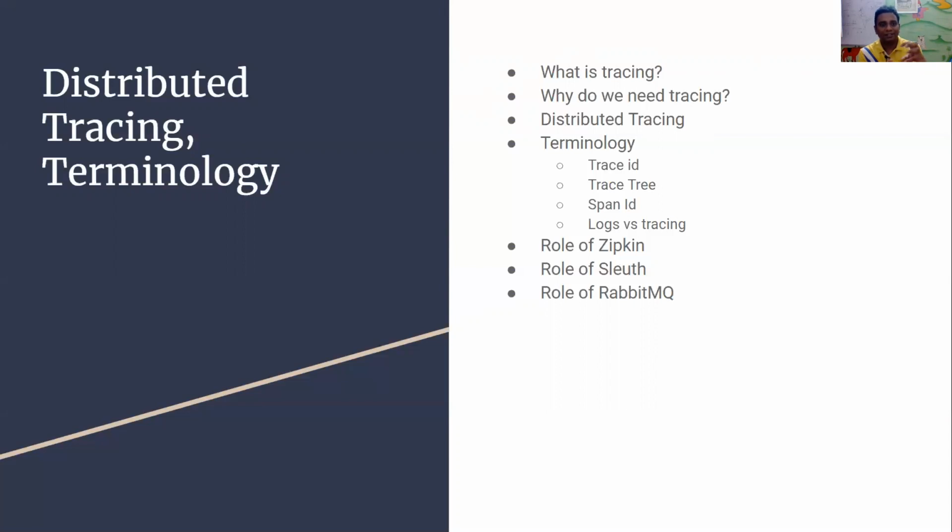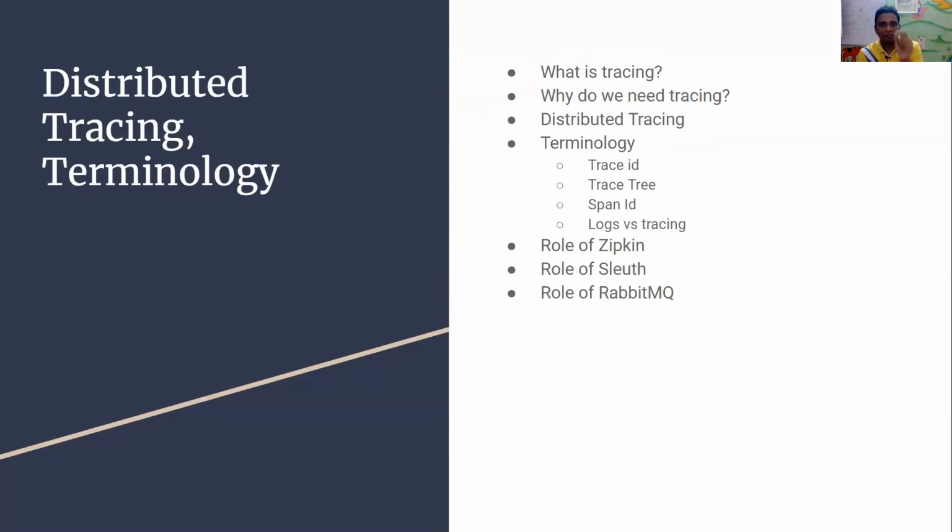Sleuth calculates the trace and span and gives it to Zipkin. There is a Zipkin client program. The Zipkin client program takes that and puts it in a RabbitMQ server. So essentially, this trace information we are not putting in any database or any file system. The trace information is placed in a message queue.